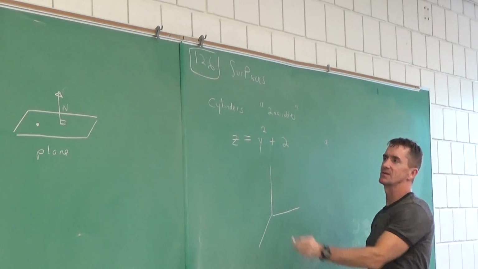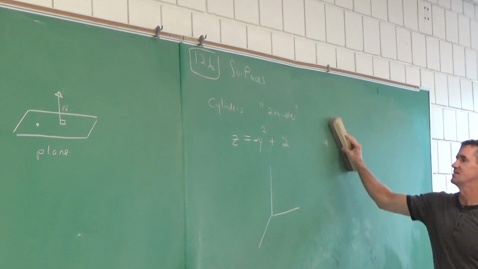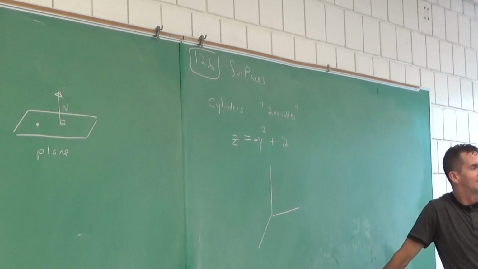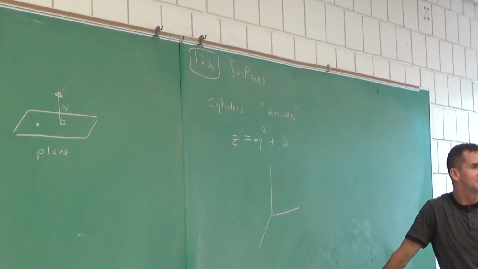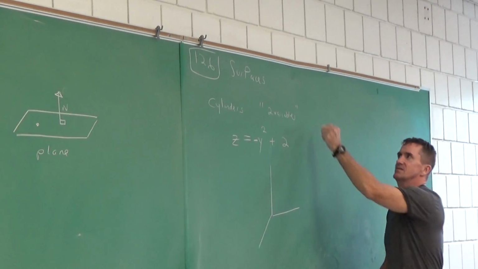Oh wait, let me do one more thing. Negative. Z equals negative y squared plus 2. How many letters? 2 letters. Three-dimensional space, right?